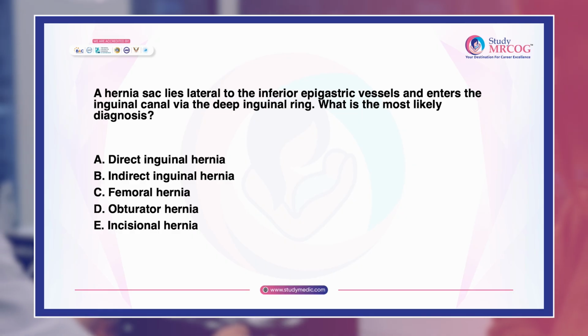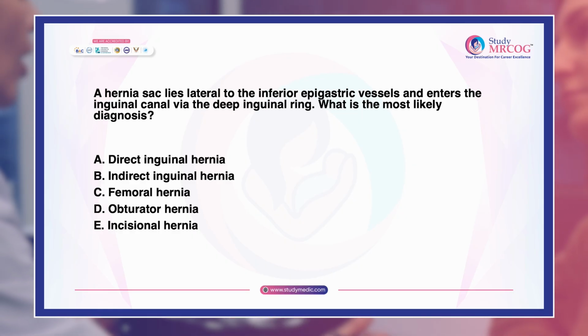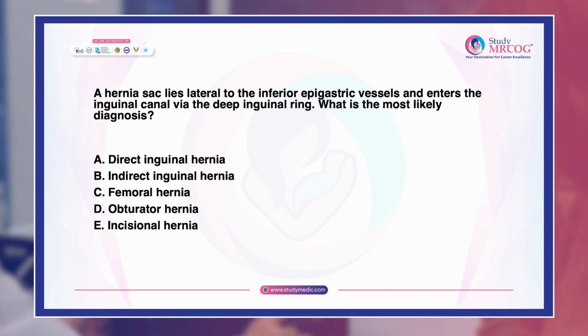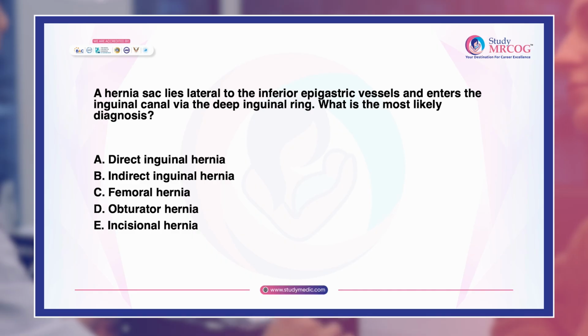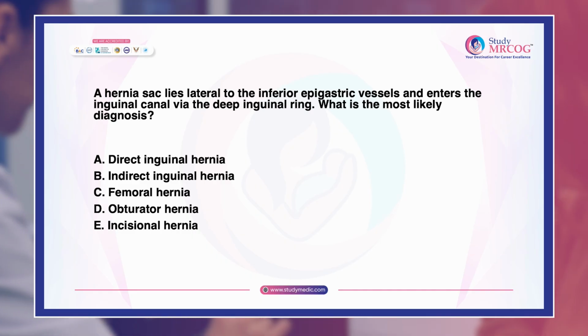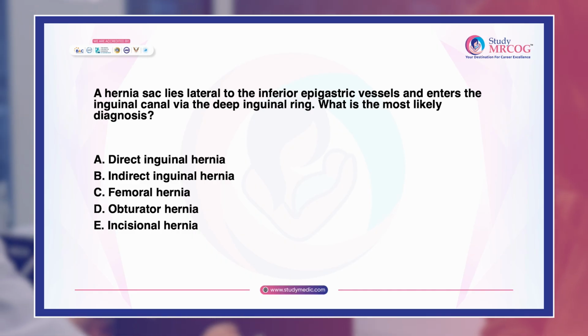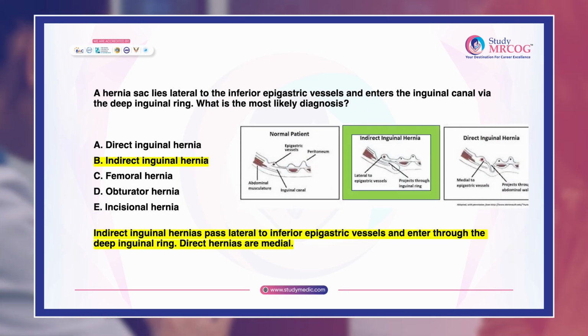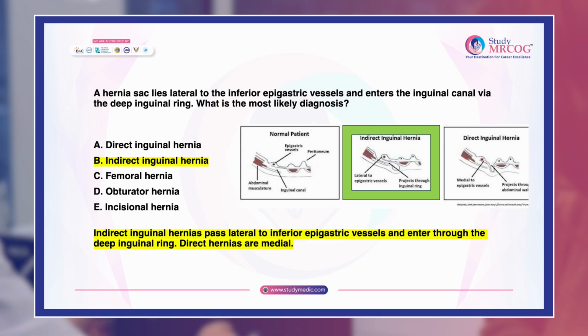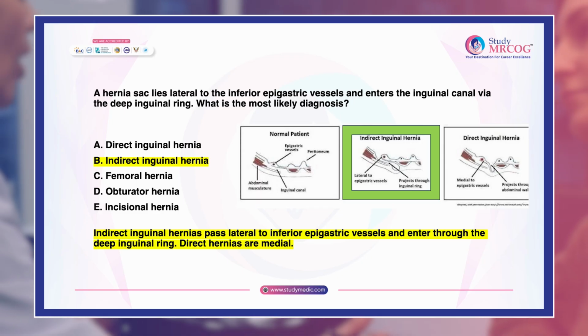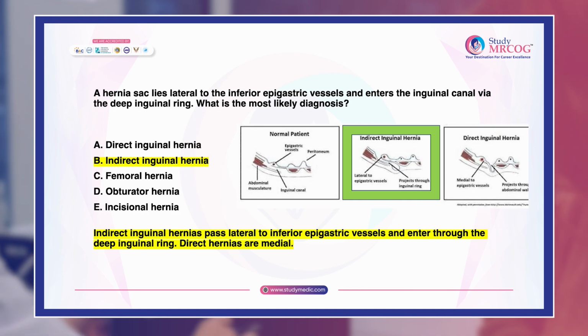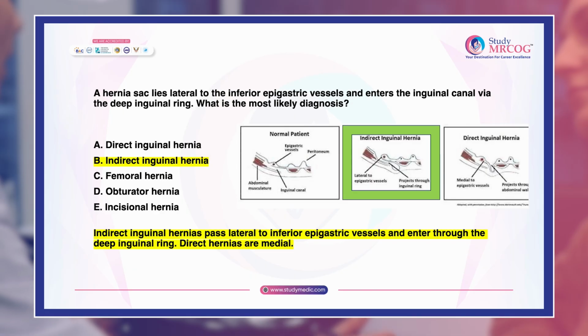So just go back in your mind and imagine the diagrams that we have gone through and what we discussed. Try and answer before I move on to the answer screen. So yes, it is the indirect inguinal hernia, which passes lateral to the inferior epigastric vessels and enters through the deep inguinal ring. The direct inguinal hernias are medial to the vessels.